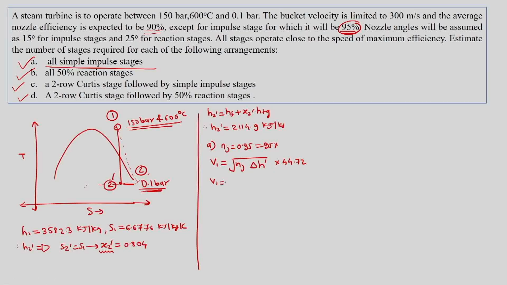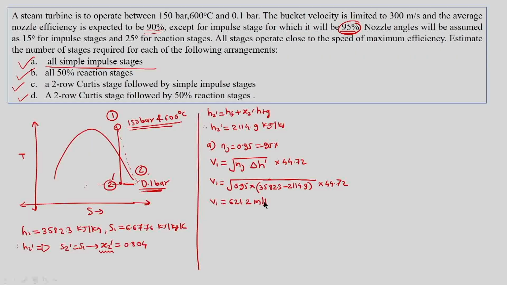Now V1 is equal to square root of 0.95 into H1 minus H2 dash, which is 3582.3 minus 2114.9, into 44.72.